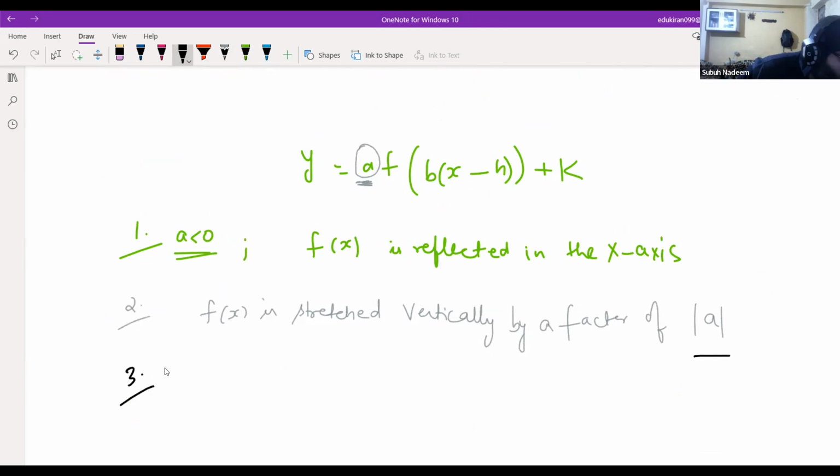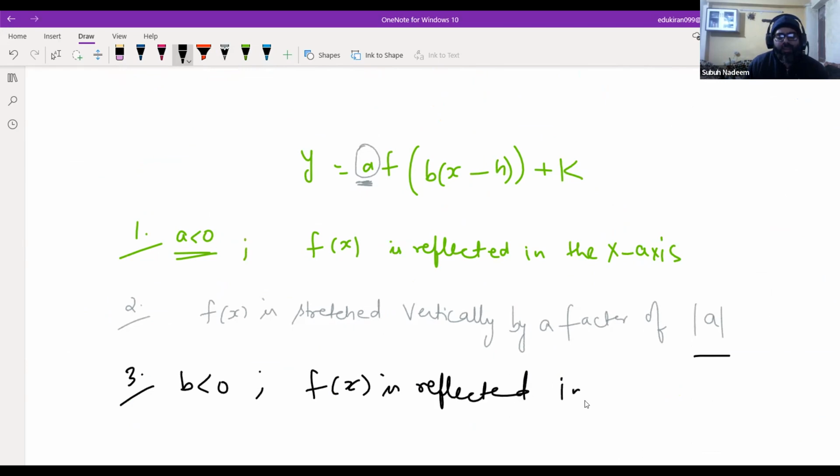Yes, sir. Third point. If B is less than 0, f(x) is reflected in the y-axis. This we also see. Here B is multiplied to the input, not outside the function but inside the function.